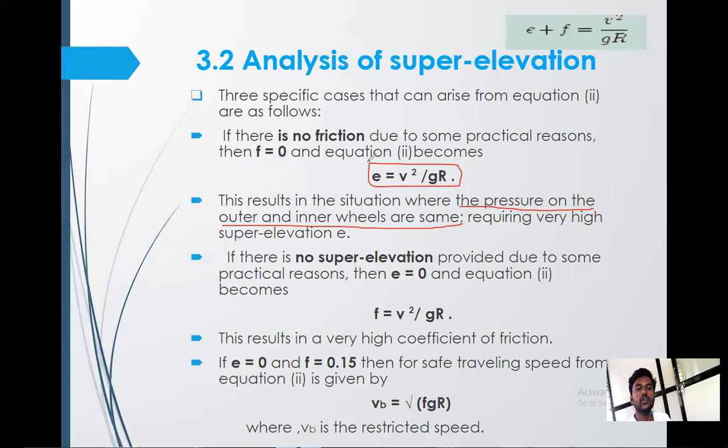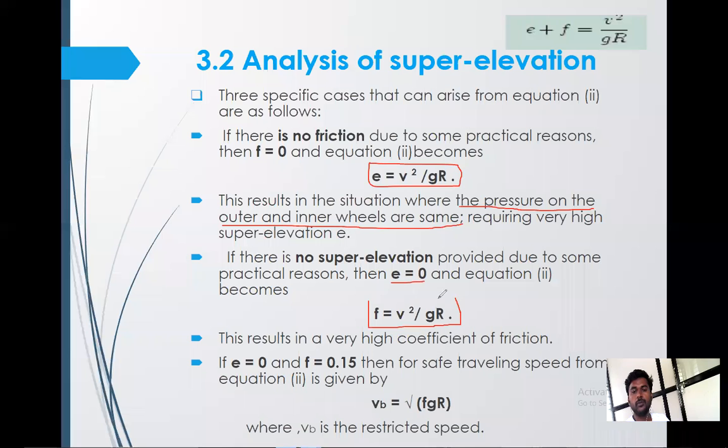What is the second case? If no super elevation is provided due to some practical reasons, we cannot afford the super elevation in that area. In such areas, we take e = 0.